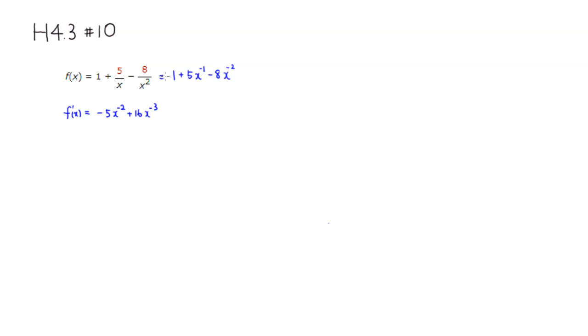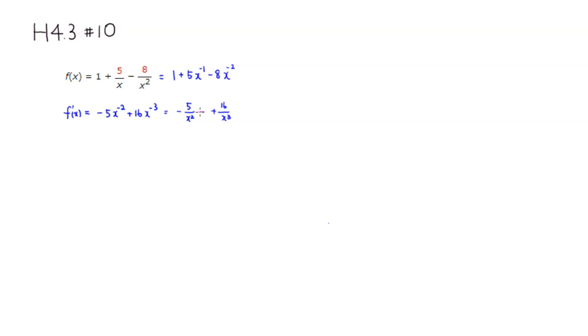If you want to simplify this, we can write it as negative 5 over x squared plus 16 over x cubed. So we can find the common denominator, which will be x cubed.